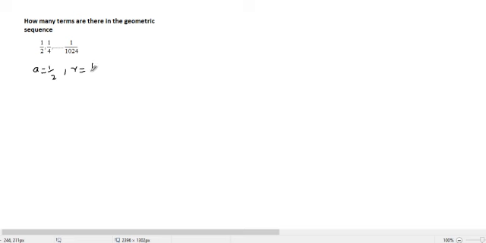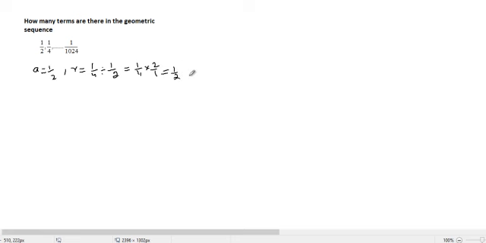So it is 1 over 4 multiplied by 2 over 1. When we change the division sign to a multiply sign, we take the reciprocal of this. So if it is 1 over 2, this will become 2 over 1. So the resulting answer is 1 over 2. So the common ratio is 1 over 2.